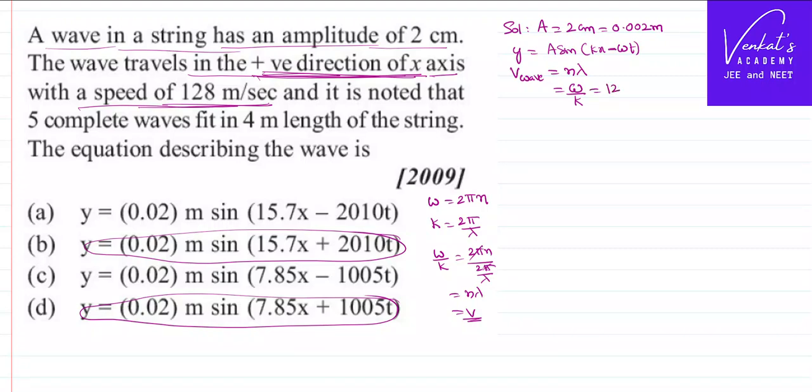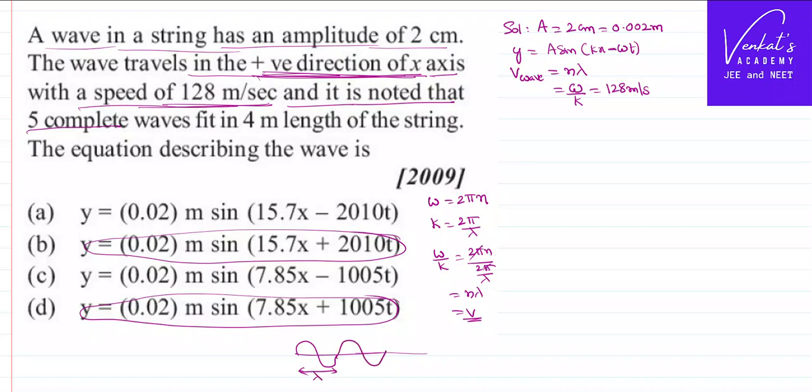That is given to you as 128 meter per second. But I don't know the individual values of omega and k, both of them. I need to find them out. And it is noted that there are 5 complete waves. What do you mean by 5 complete waves? When there is a wave, one crest and one trough will be there. That wave will have a certain length called wavelength.